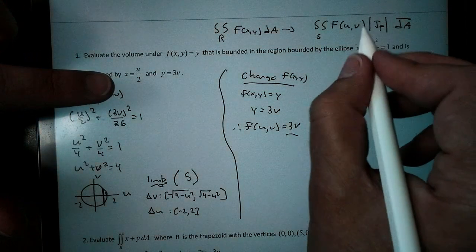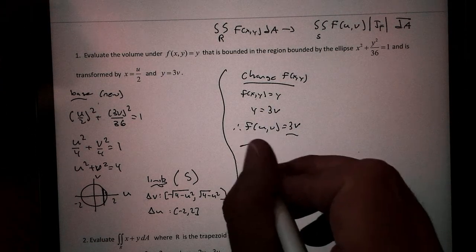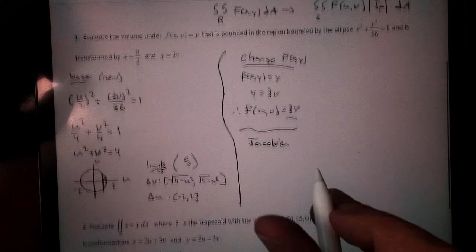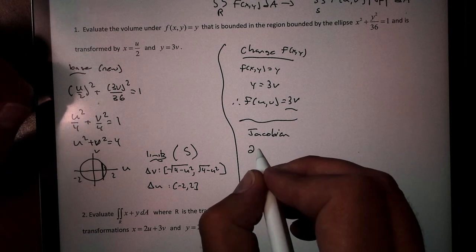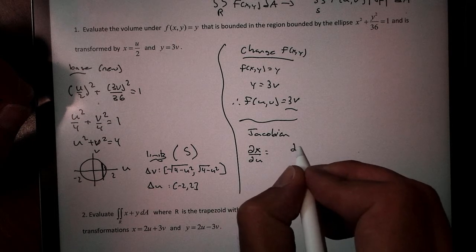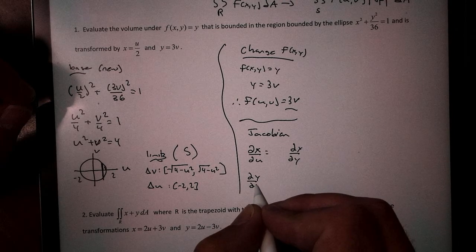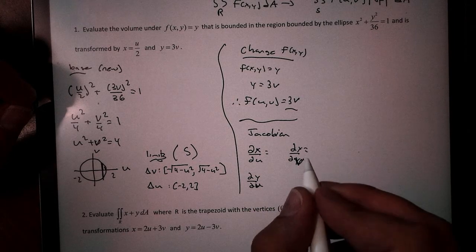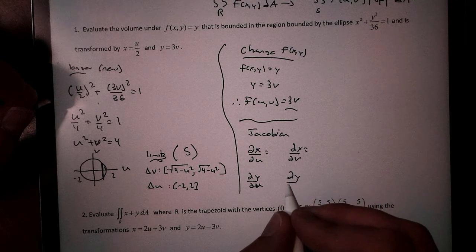Now I need my Jacobian right here. Well, to get my Jacobian, you might remember yesterday, this is just the partials. Hopefully remember, this is the partial of x with respect to u, the partial of x with respect to v, the partial of y with respect to u, and the partial of y with respect to v.